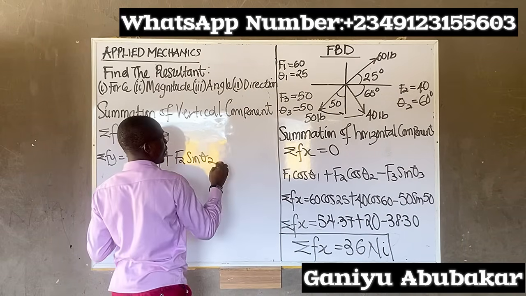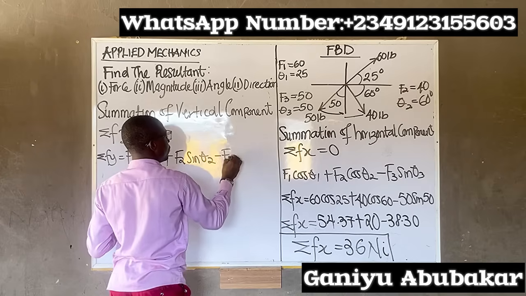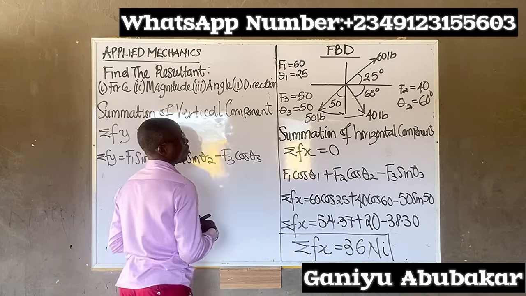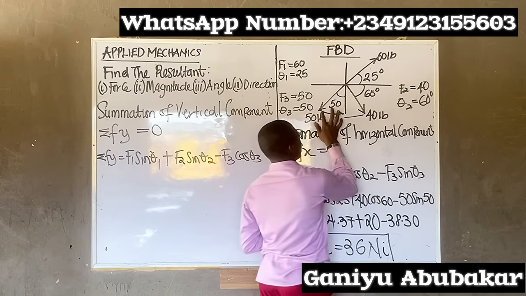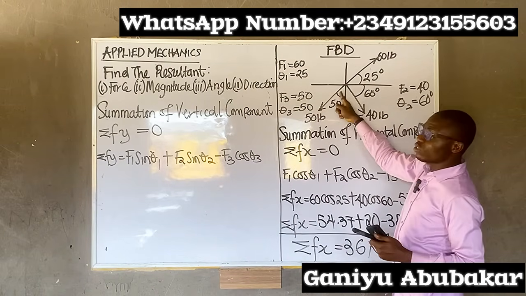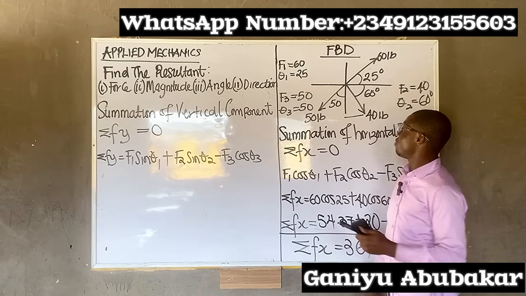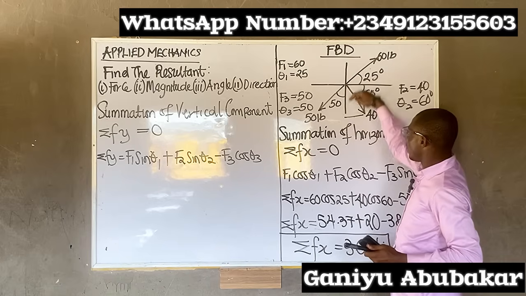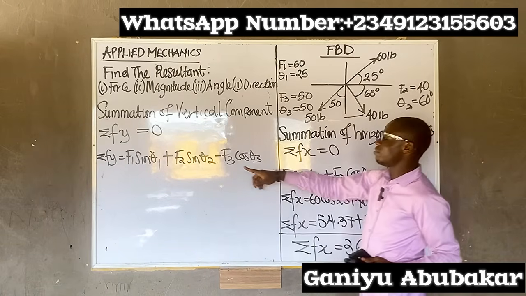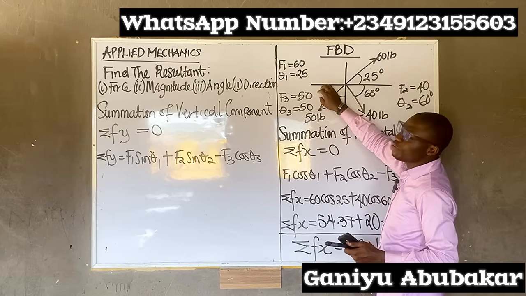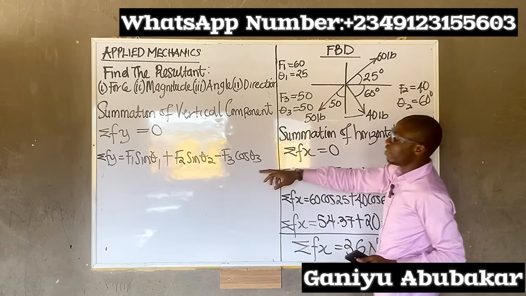That gives you negative F3 cos theta 3. If I take this one here to the vertical, the angle on the vertical becomes cos. And to the vertical here is going downwards, negative direction, so I have negative here. Or perhaps at third quadrant, x is negative, y is negative, so I have a negative value here.